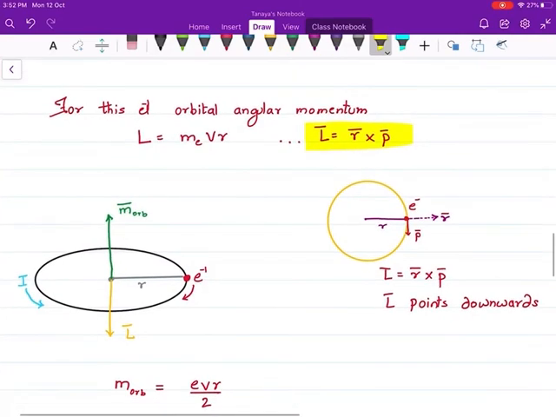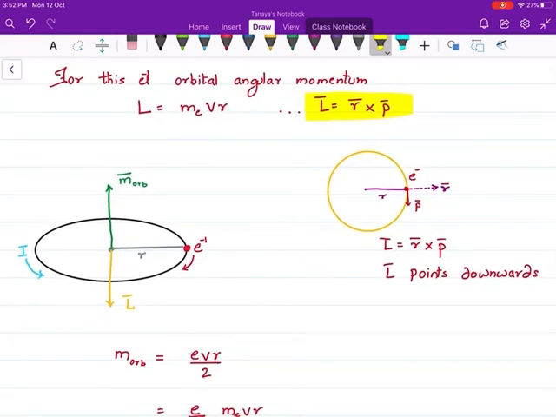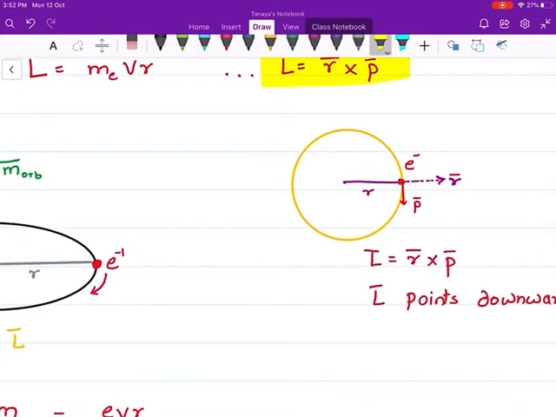So if I want to find the direction of L bar, I can use the cross product. See, R is directed in this way and P is directed this way. The electron is moving in clockwise direction, so velocity is in the downward direction. So mass into velocity, that is momentum, is also in the downward direction.